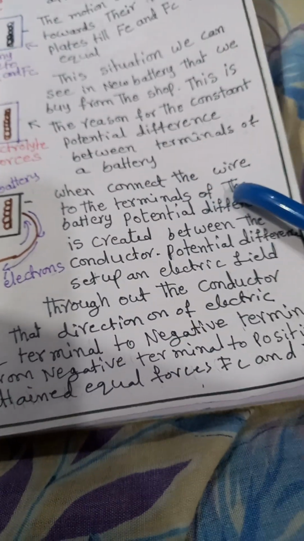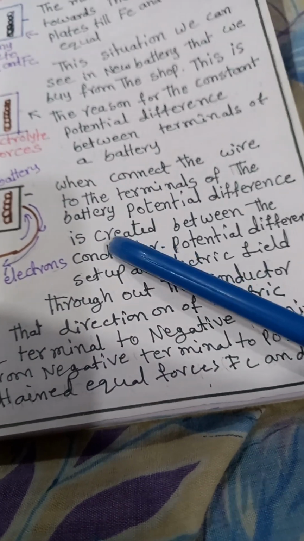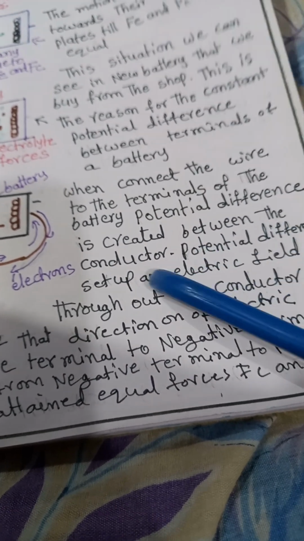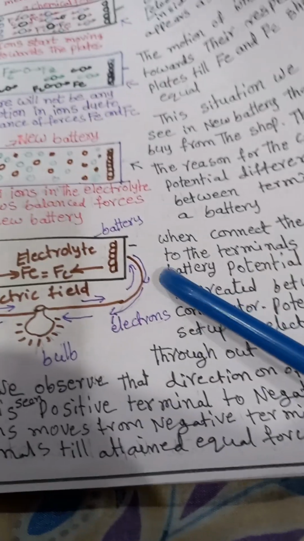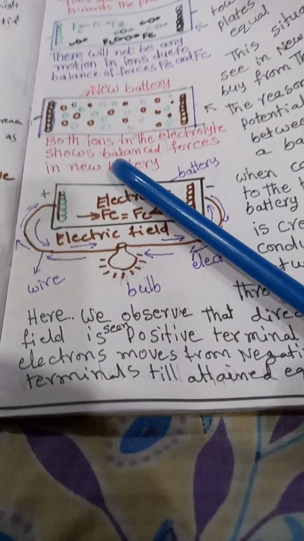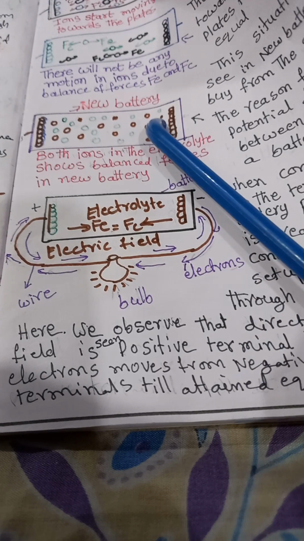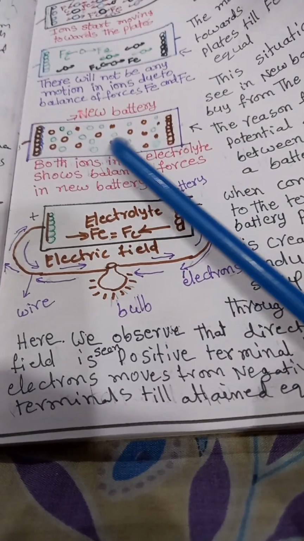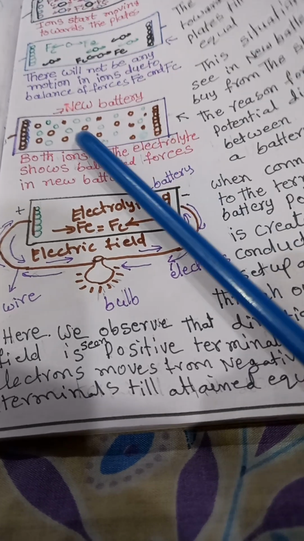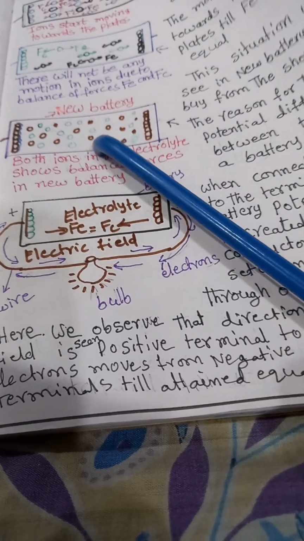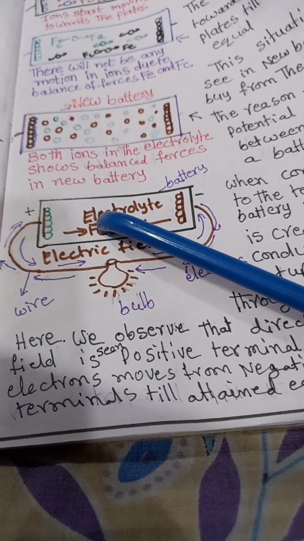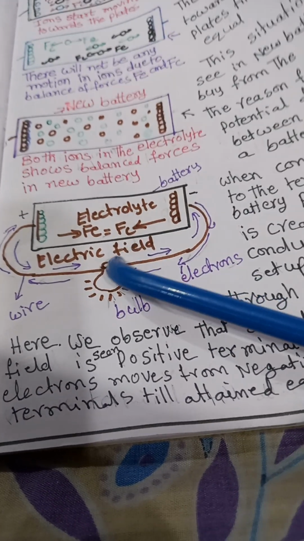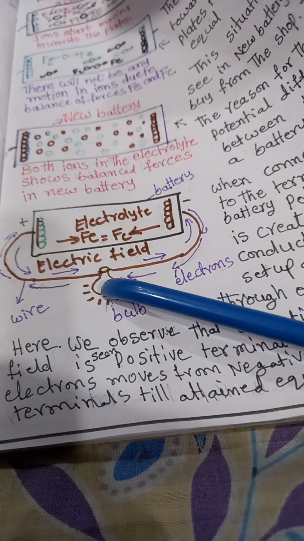When we connect a wire to the terminals of the battery, a potential difference is created across the conductor. First, when the battery is not connected to the wire, there is no change in the moving of ions in the battery. But when we connect the battery with a conductor, the bulb automatically glows brightly.